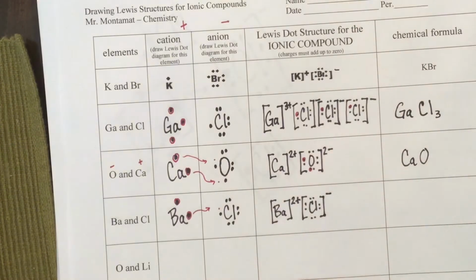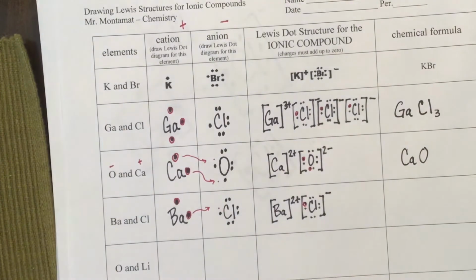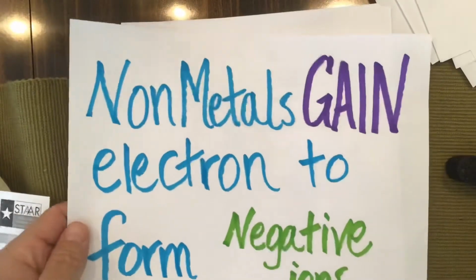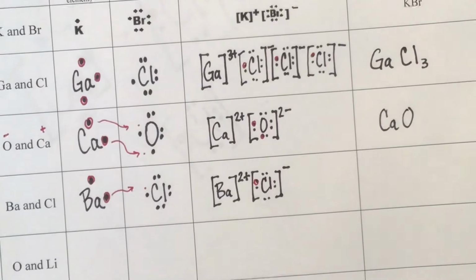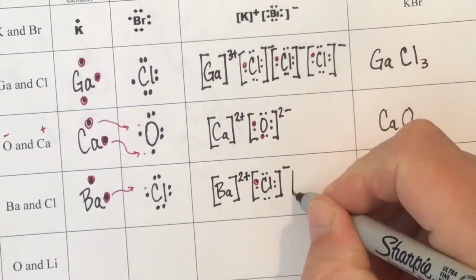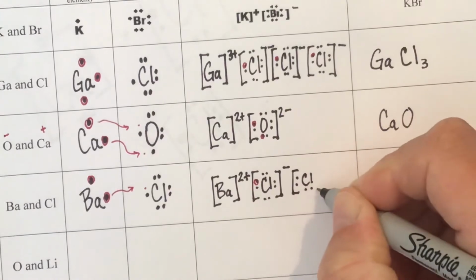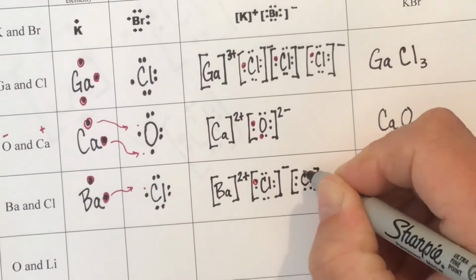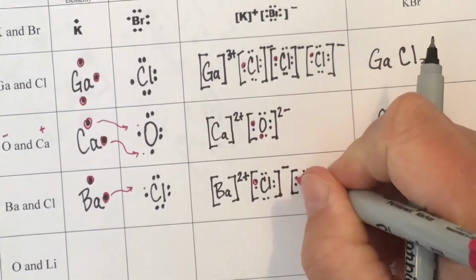And it's going to gain an electron because that's what nonmetals do. Now remember that nonmetals gain electrons to form negative ions, right? All right. And so now we need another chloride to take that other electron from barium, and right there.